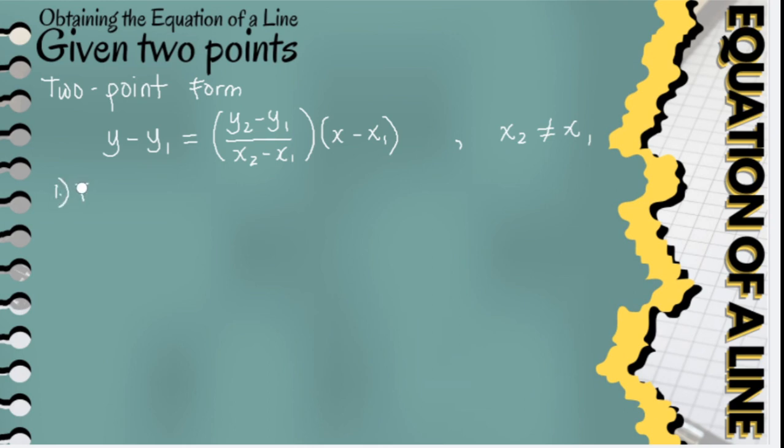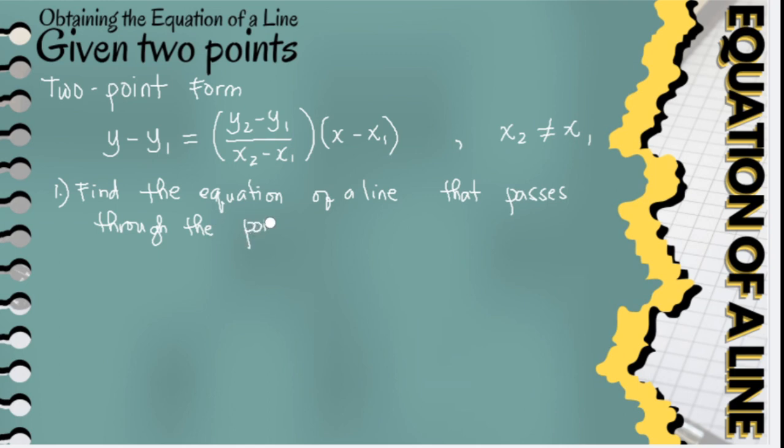Example number 1. Let us find the equation of a line that passes through the points (2, 5) and (-2, -3).